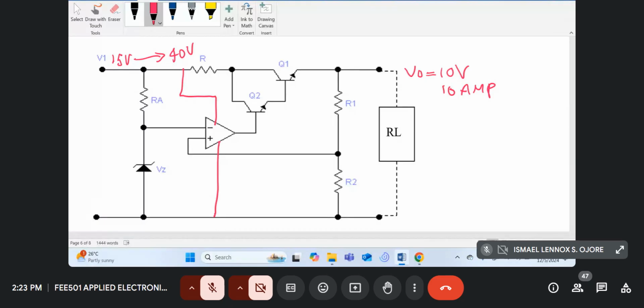On the top side, you can put a Zener, which is fixed, but I don't want to waste time on that right now. What I'm trying to say is that for the 40 volts going to the op-amp, you can put maybe a 15 volts Zener. So this goes to your 40 volts, and this will have to go to the 0.